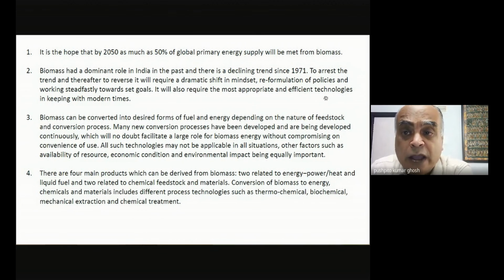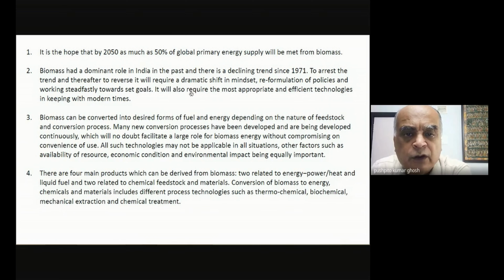So to arrest the trend and thereafter to reverse it will require a dramatic shift in mindset, reformulation of policies, and working steadfastly towards set goals. That's what you all have to do, because people like us have very little role to play now, because we have served our innings. You all will have to take things forward.